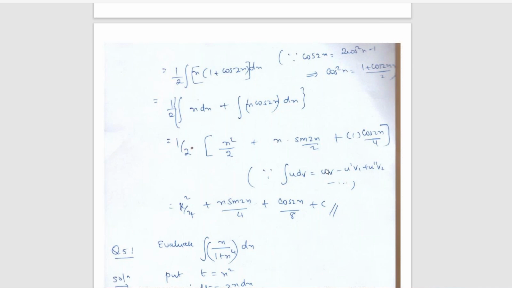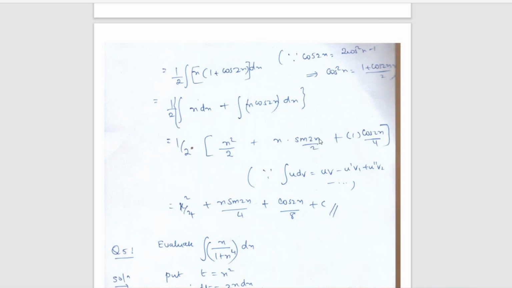So I'm going to apply this formula, u into v. My u is x. What is v? Integral dv is v. dv is cos 2x dx. Therefore, to get v, we have to integrate cos 2x dx. Integral cos 2x is sin 2x by 2.